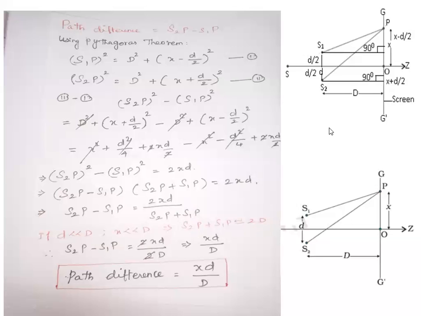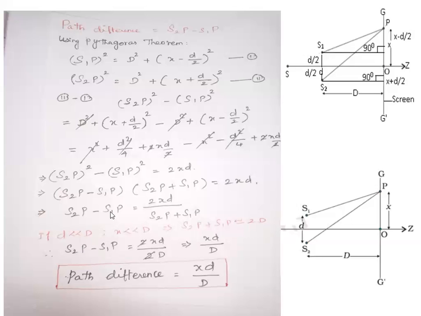Why is this considered as 2D? If there are two light sources 2 millimeters apart and the screen is kept at a particular distance D, then from S1 it is D and from S2 it is also D. So S1P is D and S2P is D, and D plus D, 2D, is the value you can consider here.